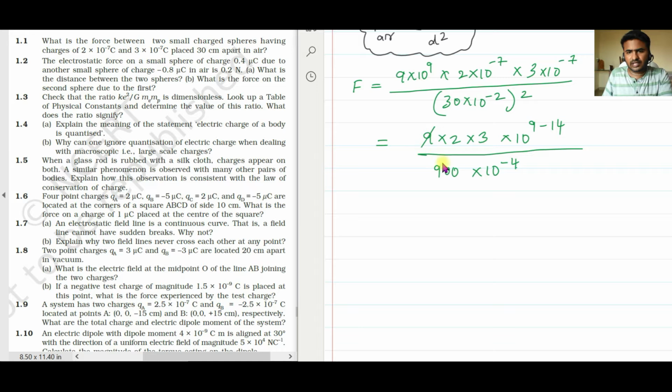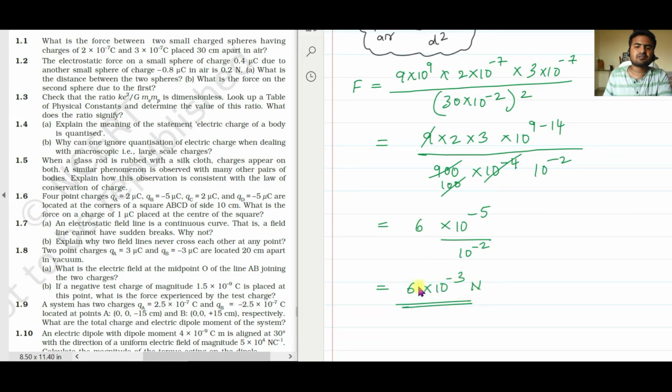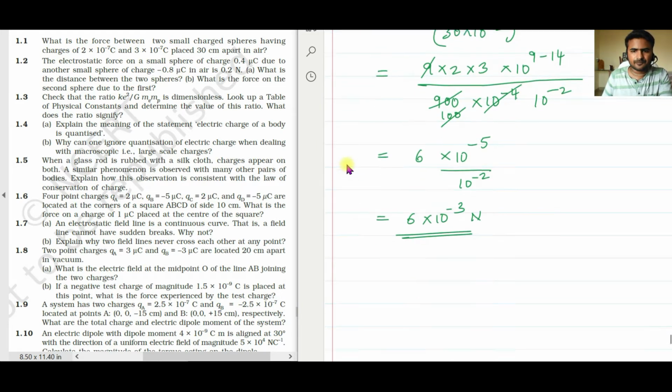Nine hundreds are here, so 100 into 10 to the power of minus 4 becomes 10 power minus 2 in the denominator. In the numerator it becomes 6 into 10 power minus 5, divided by 10 power minus 2 in the denominator. When you simplify that, it becomes 10 power minus 3 Newton. So 6 into 10 to the power of minus 3 Newton is the force between these two spheres. Let's now move on to the next question, which is 1.2.